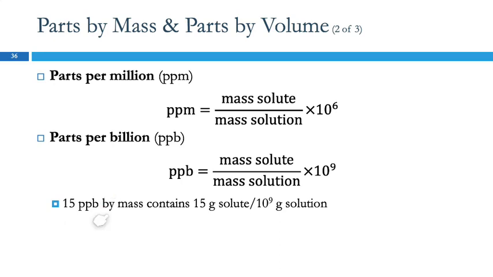If we have a concentration of 15 parts per billion, that means there are 15 parts per billion parts. Well, you can use any mass unit that you want here. You can use grams or milligrams or kilograms. You can even use English units, ounces or pounds, because whatever unit is on the top just needs to be the same as on the bottom, and they're going to cancel out.